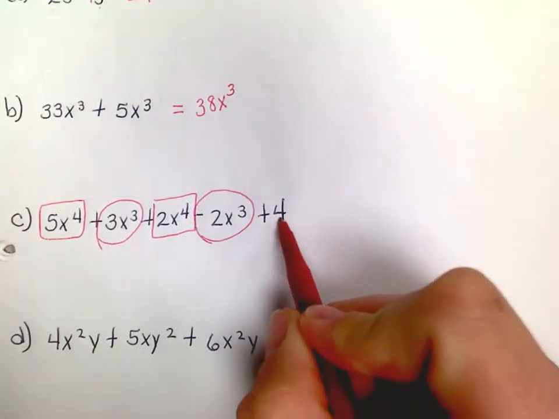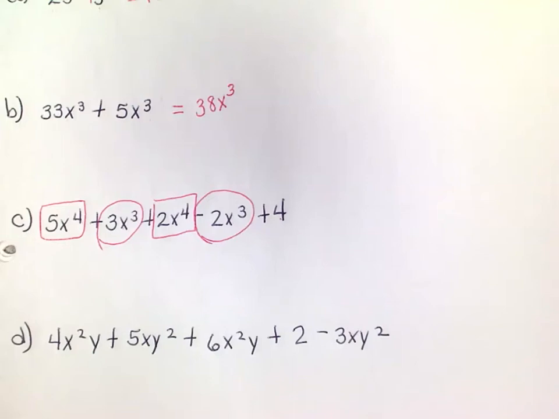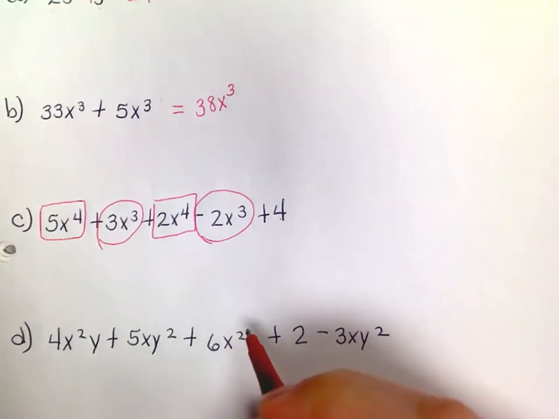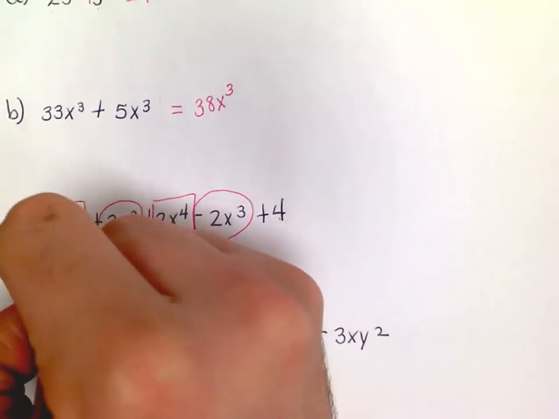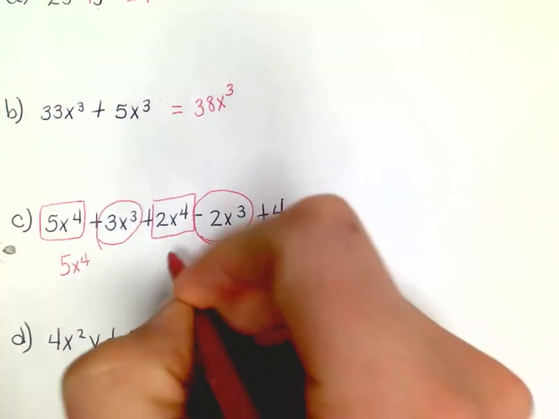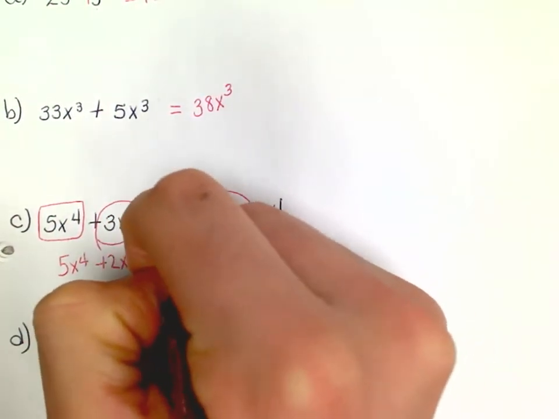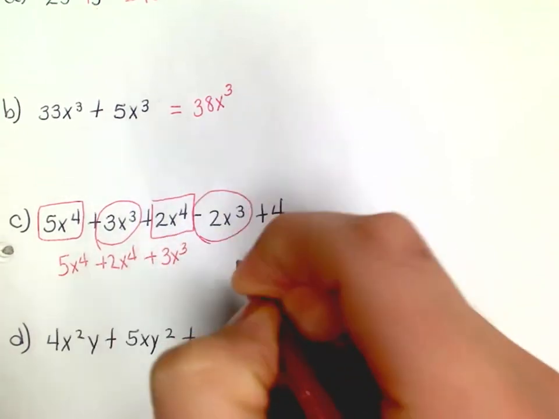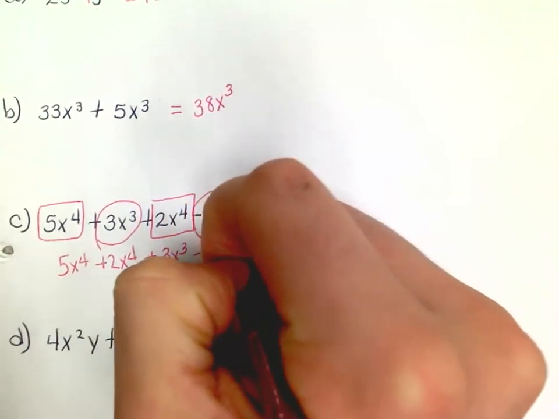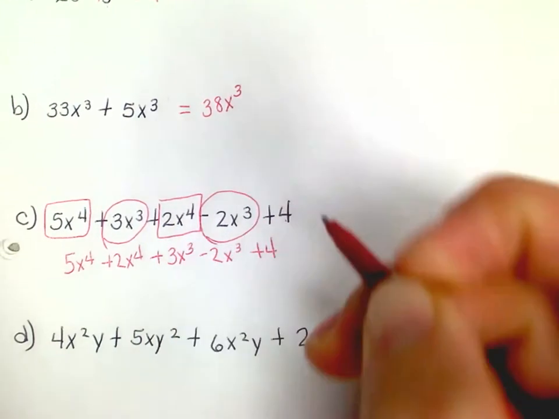And then 4 is left alone because it does not have anything else similar to it. So we combine 5x to the 4th plus 2x to the 4th plus 3x cubed minus 2x cubed plus 4.